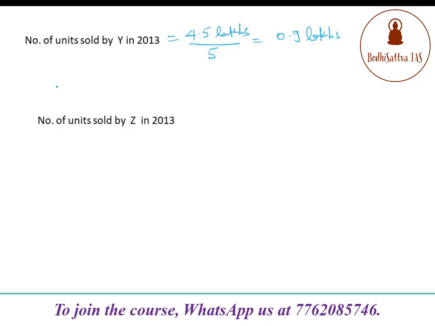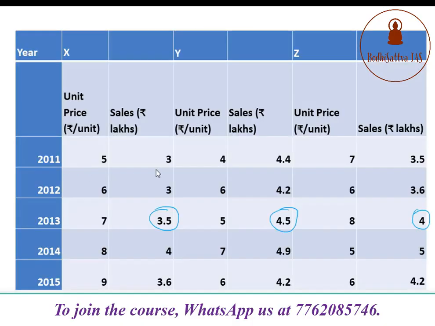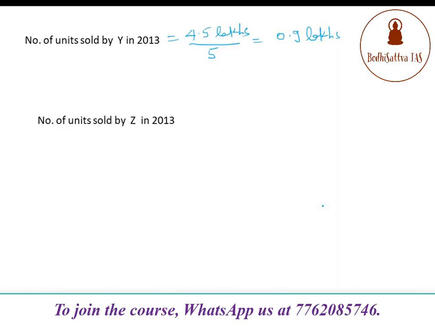Similarly, number of units sold by Z in 2013. If we see the table, 4 lakhs sales was done by company Z and unit price was rupees 8. So the number of units will be 4 lakhs divided by 8, so that will be 0.5 lakhs.